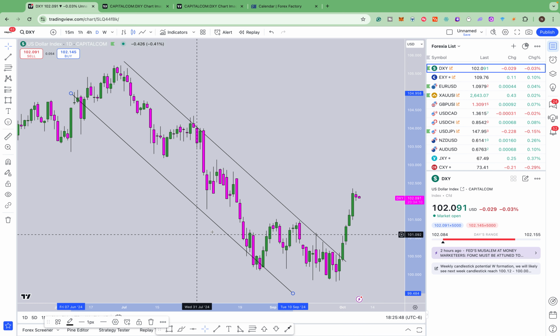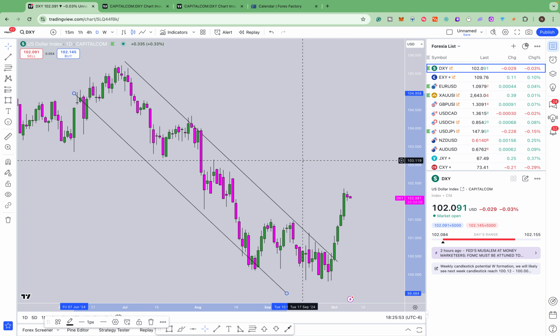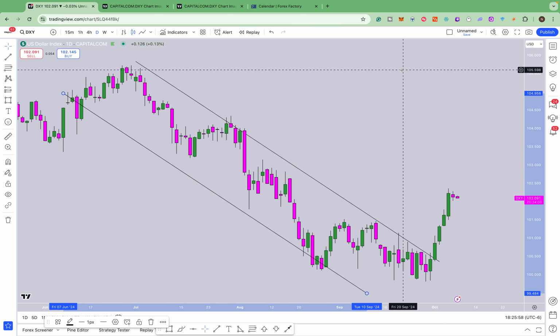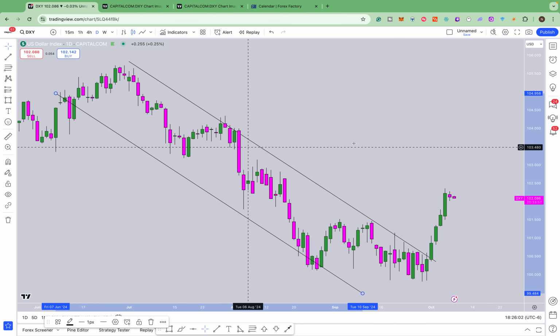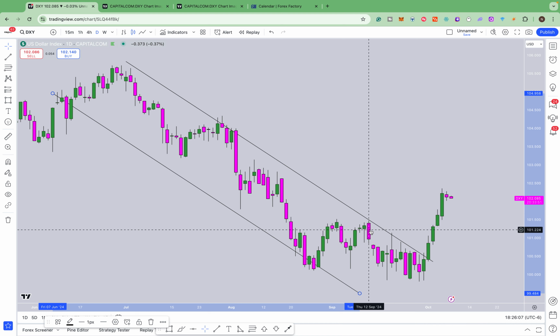Now, we know that whatever the dollar does, the euro is going to do the exact opposite. So, just like the Euro-US dollar was in an uptrend for a very long period of time, the dollar is in a downtrend for over 100 days.